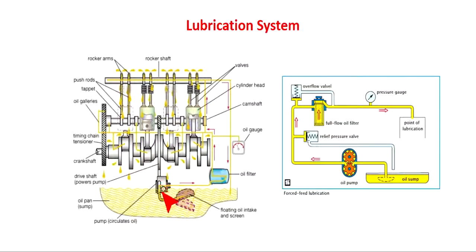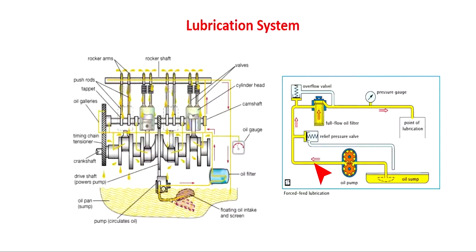If you look at this oil pump, normally we use a gear pump as an oil pump. This gear pump is driven by the crankshaft. When you crank the engine, it starts driving the pump and immediately it sucks the oil, pressurizes it, and pushes it into the oil galleries.